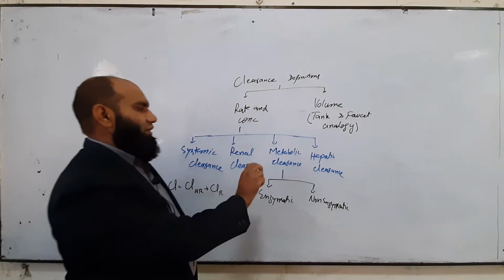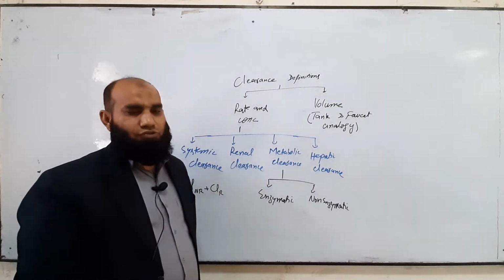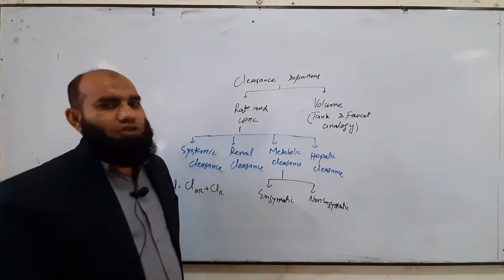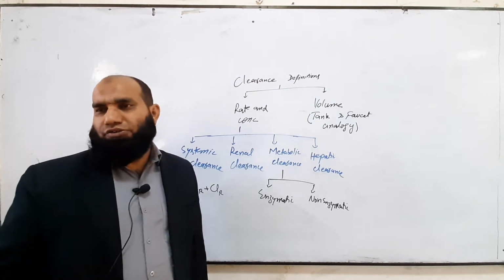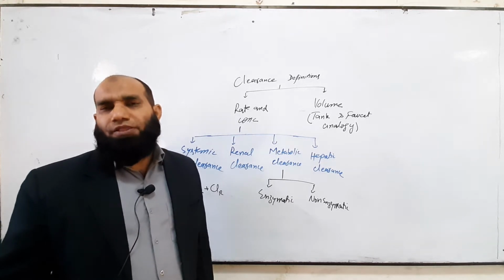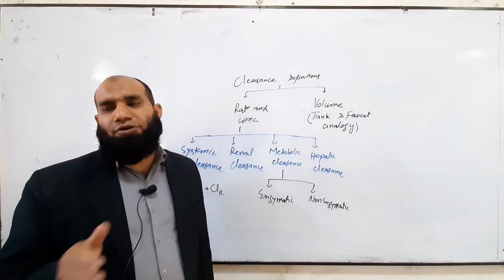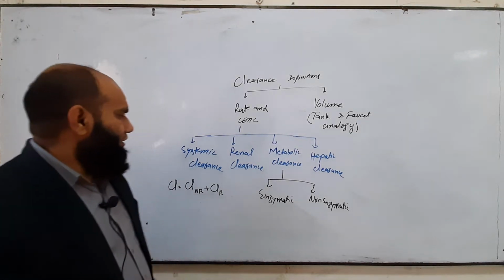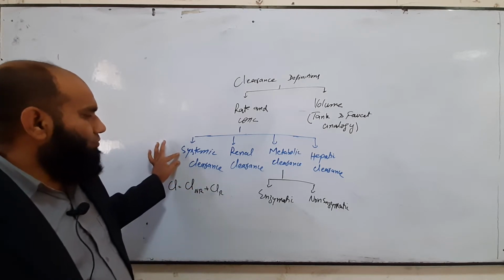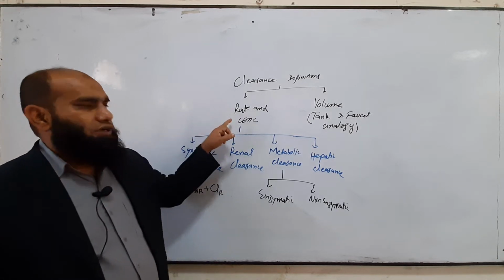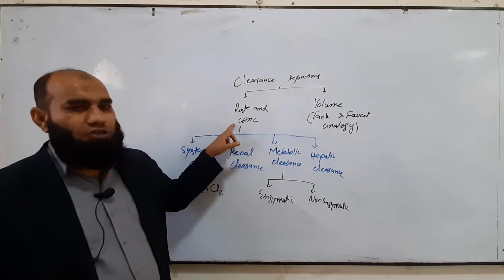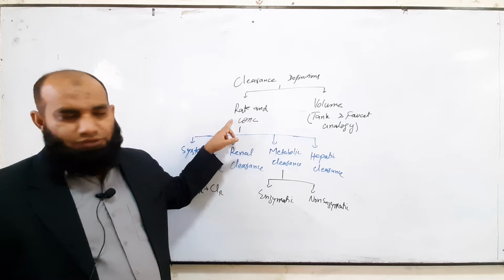Clearance is actually a type of elimination, and in case of elimination we have studied the change in the drug. Either the drug is passing out from the body or the drug is being converted to its metabolized form. So in case of systemic clearance, we will say it's a ratio between the rate of change of concentration with respect to time and the plasma concentration.